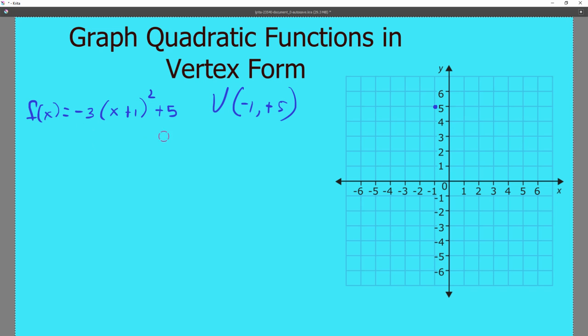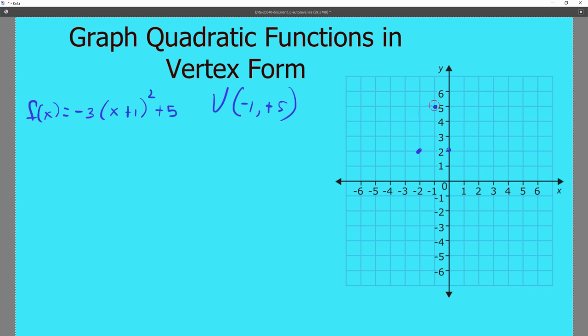tells me that I open down instead of up because it's negative. So I go down, and it's 3. So if I go down 1, now I have to go down by 3. So normally I go over 1, down 1. Now I go over 1, down 3. Normally I go over 2, down 4. Now I multiply that 4 and I get 12.